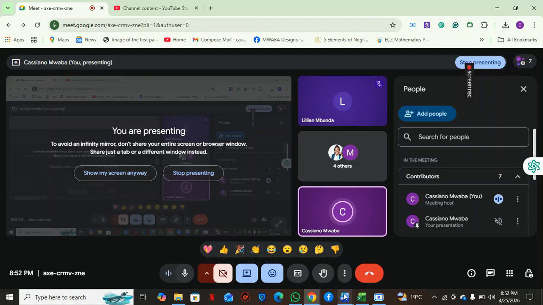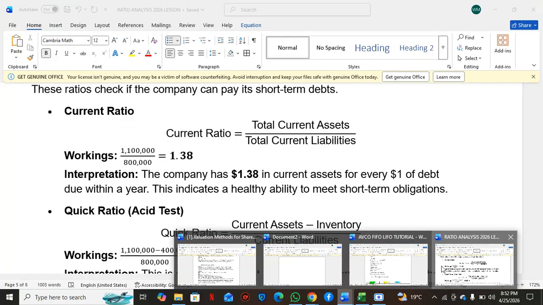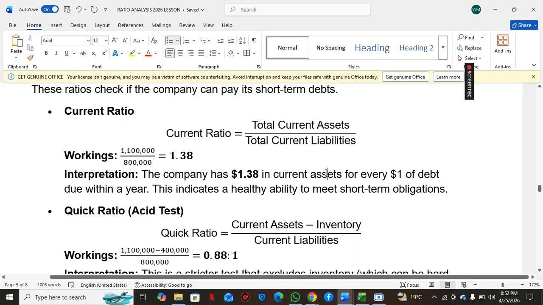So, like in this question here, current assets minus inventory over current liabilities. In our income statement, our inventory is 400,000.